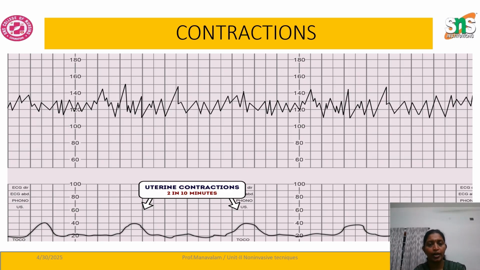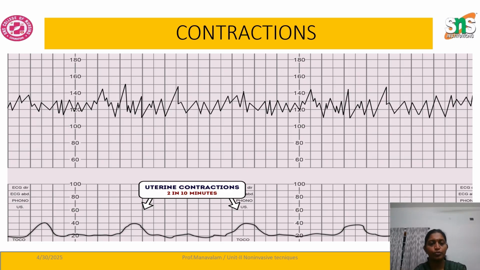So according to this graph sheet, two contractions are present in 10 minutes. During contraction, there is automatically a variation of the baseline fetal heart rate. According to this graph, the baseline fetal heart rate is 120 beats per minute, while the normal is 110 to 160 beats per minute.